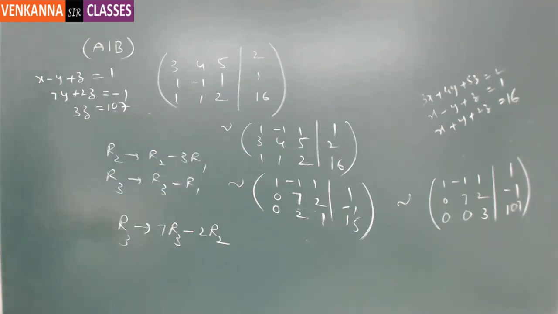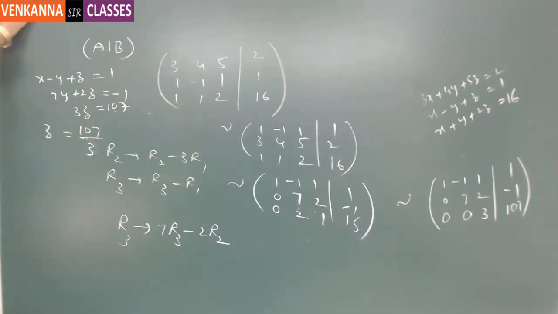So am I correct here? Fine. So from this, back substitution starts from the last equation and goes to the first. So z is equal to 107 by 3, and substituting z here you will get y, substituting y and z here you will get x. So this is the Gauss elimination method.